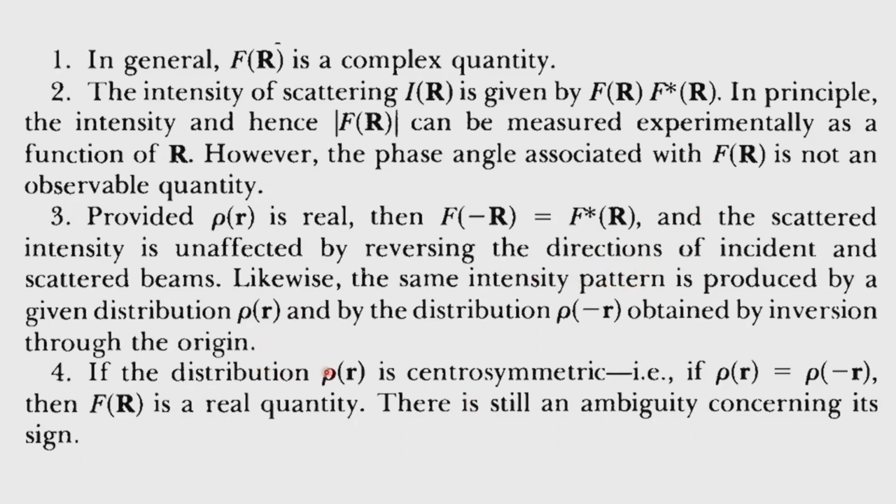That is what is written here: if the distribution rho of r is center symmetric, if rho of r is equal to rho of minus r, let us say in P1 bar, then f of r is a real quantity. Again, we will refer to the Argand diagram to represent what happens when there is a center of symmetry and when there is no inversion center, and that is something we will probably take up in the next class.